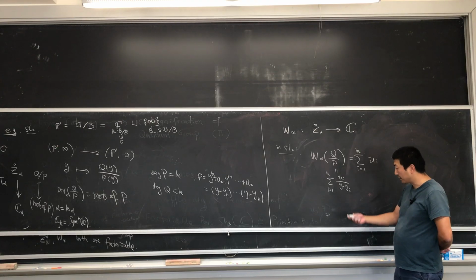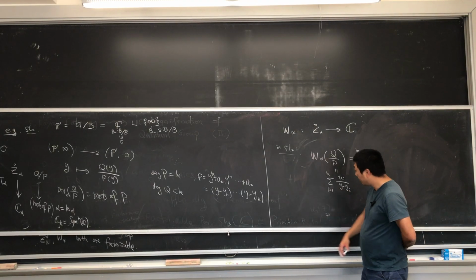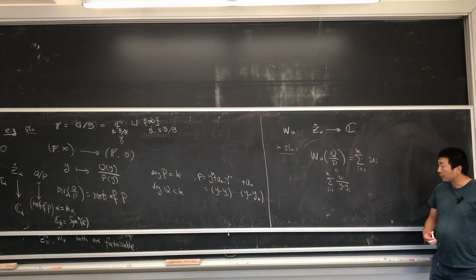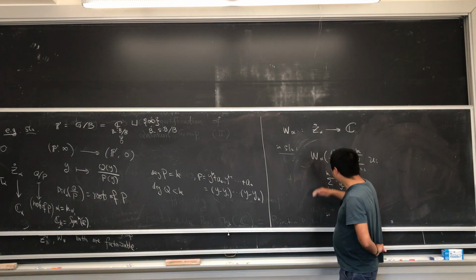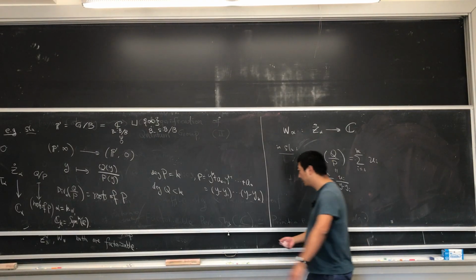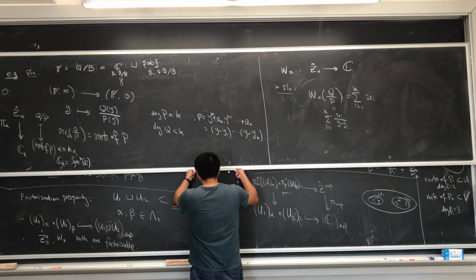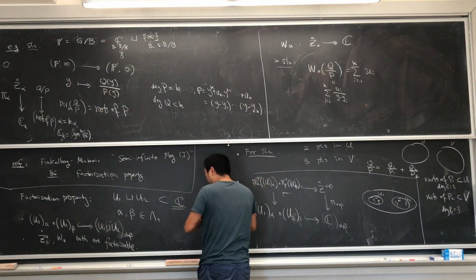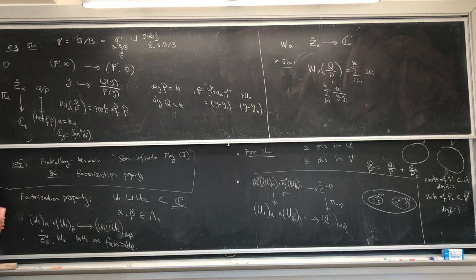So that defines a certain lift of this translation action on C to the total space. And our W alpha is also invariant under that translation action. So that's basically the geometric property that we have for the space.